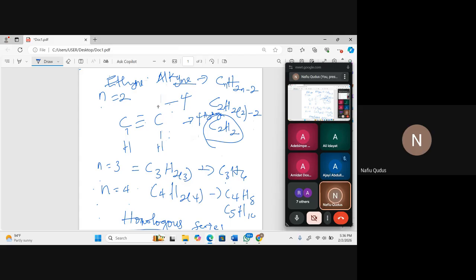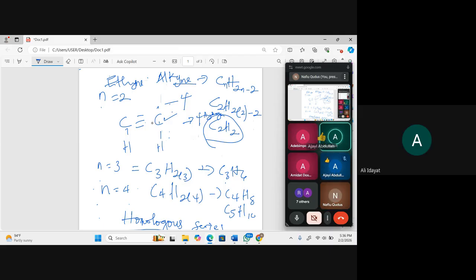Now this is one carbon. This hydrogen bond is attached to this carbon. Can you see it perfectly? That's one. This triple bond is attached to this carbon as well. Are we together?